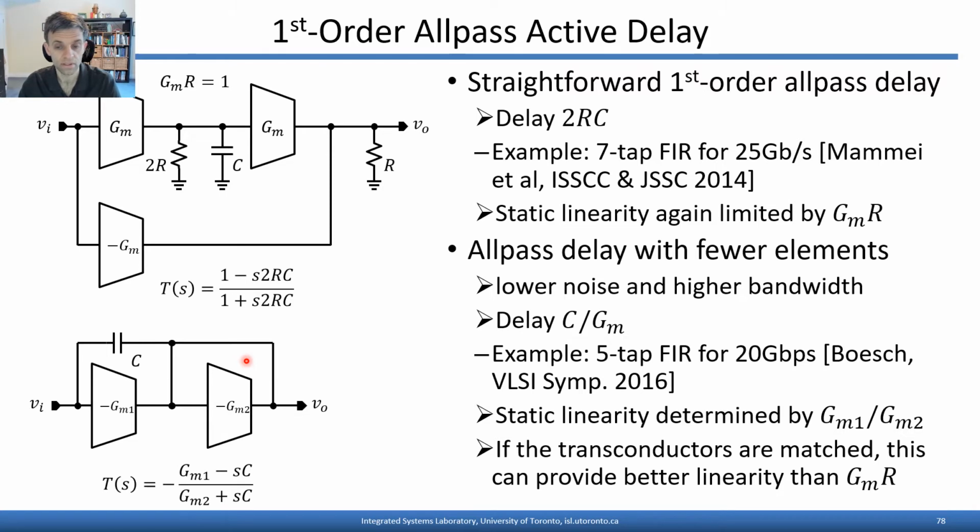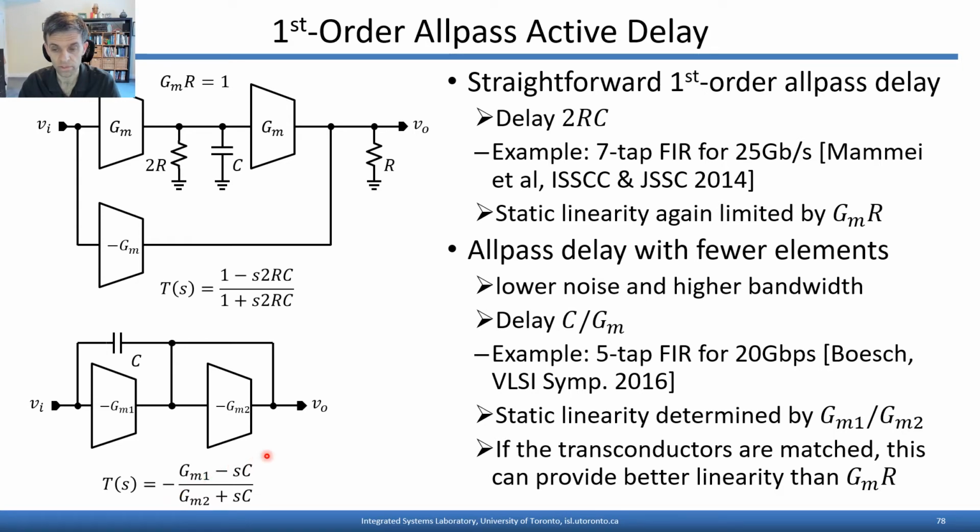This, the authors argue, is going to allow for lower noise because you've got fewer transistors contributing noise to the circuit, and higher bandwidth because you've got fewer parasitic capacitances associated with the various nodes. But again, this circuit forms an all-pass response just like the one above with similar delay.